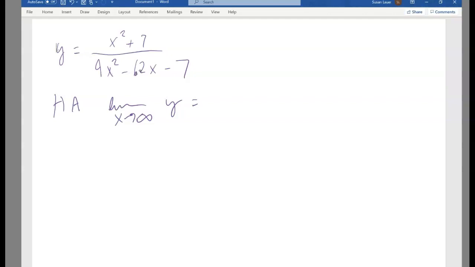So if I do the limit as x goes to infinity here, I'm going to keep x squared on top and 9x squared on the bottom, because I don't need the rest of these. I just need the highest powers. So this would be 1/9. So I'd write that in my HA, and you have to have an entire equation here. y is equal to 1/9 is my horizontal asymptote. If you forget the y equals, then you'll lose points there.